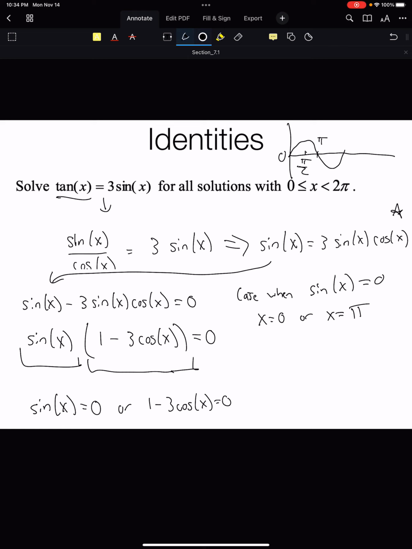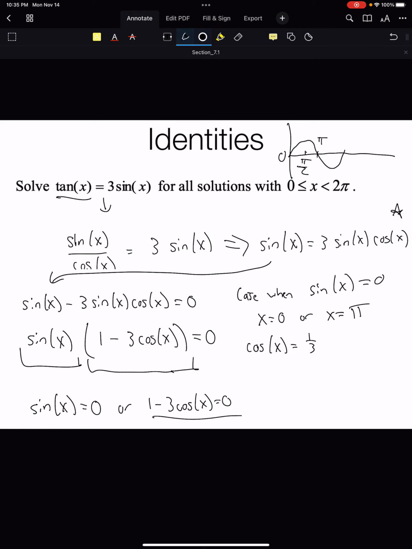And then we have down here, when you solve this second equation, you get that the cosine of x is equal to 1/3. Okay, cosine of x is equal to 1/3.